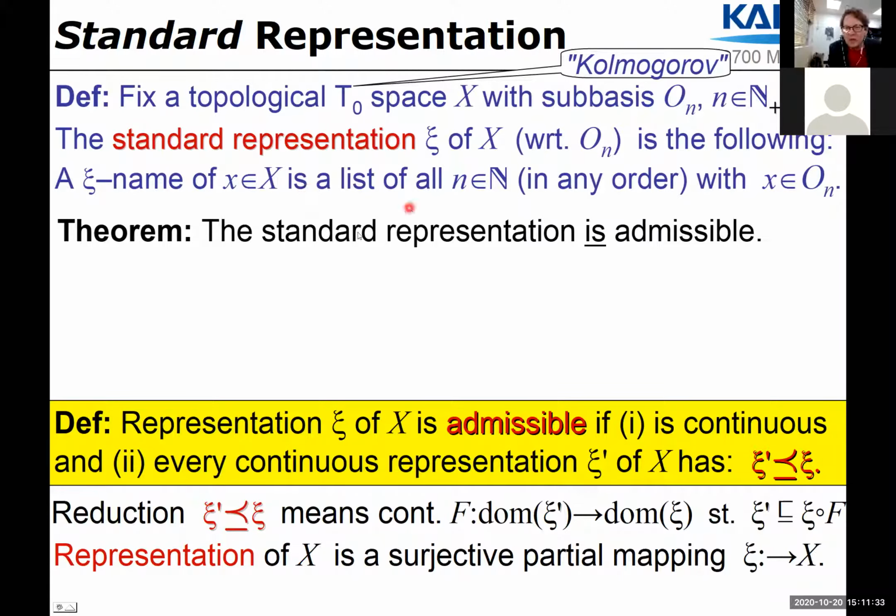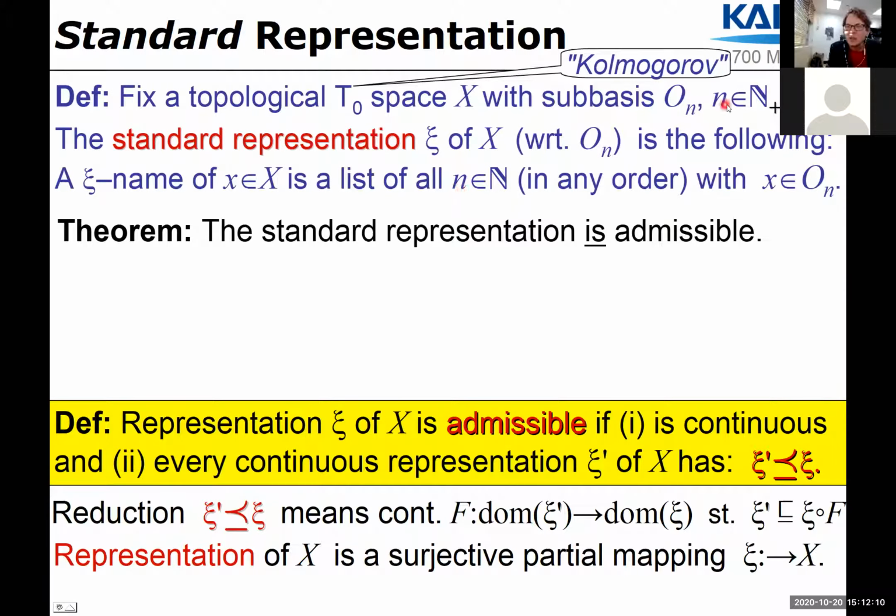So now we've checked that this is indeed a representation, well defined as a partial mapping from Baire space onto our space X. And it is surjective, obviously, because we can take any element x in the space X and just take the list here in any order. Let me point out a subtlety: we reserve in this list the entry 0 for padding purposes.